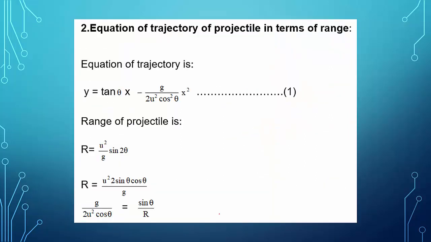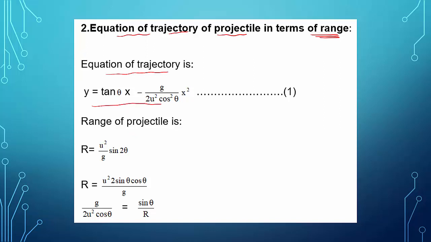Then second one, equation of trajectory of projectile in terms of range. We already derived an equation for trajectory of a projectile. So that equation I am going to write in terms of horizontal range. Yes, first we have to write equation of trajectory. Equation of trajectory is, we already derived this equation 1.